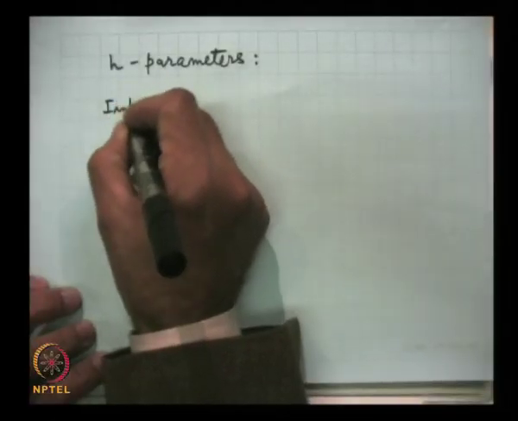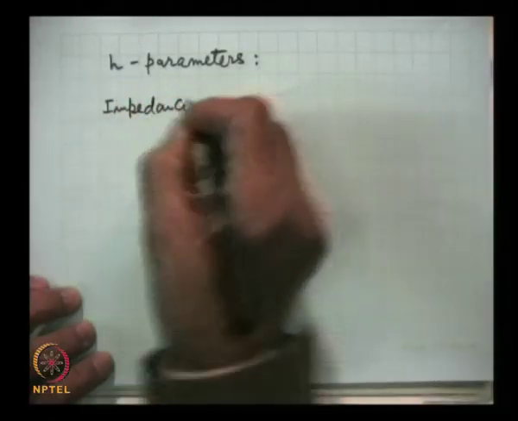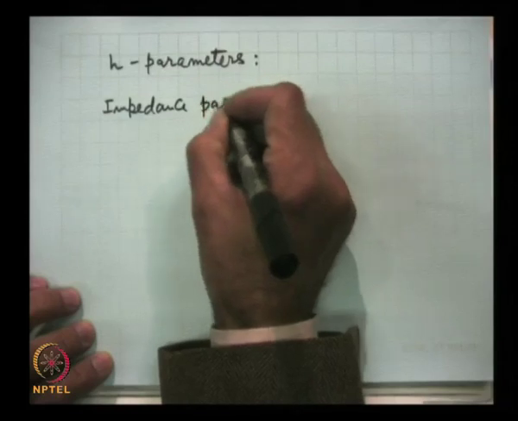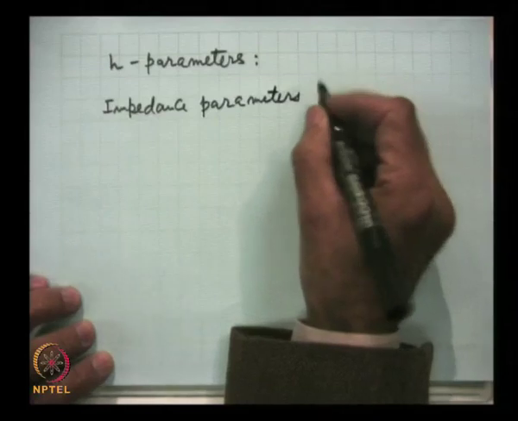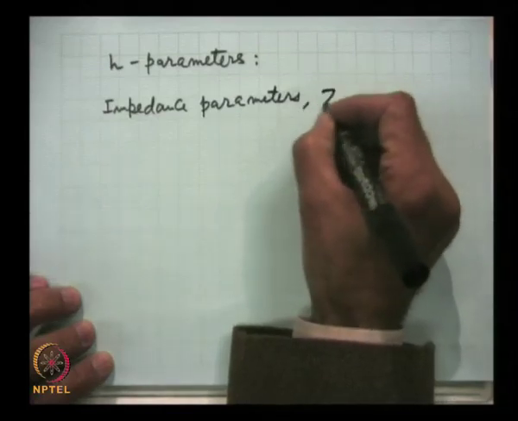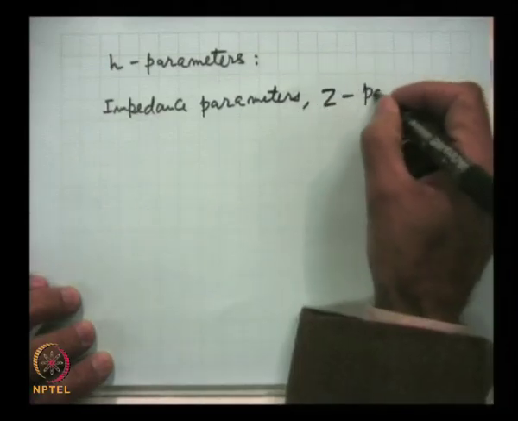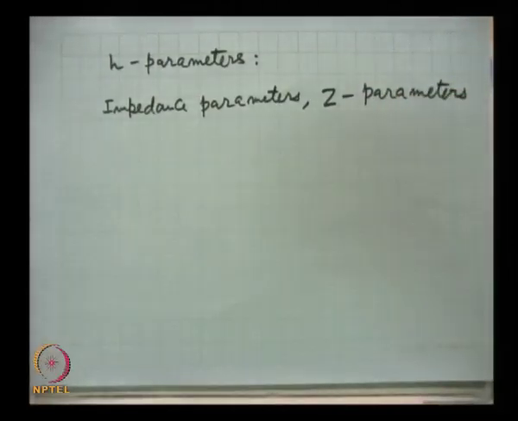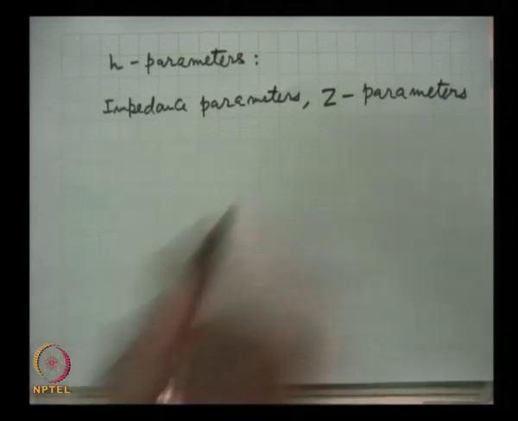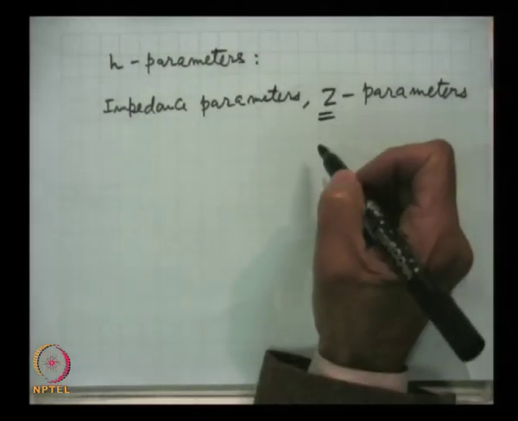In fact, the impedance parameters, these are also called the Z parameters. All these four quantities for the amplifying circuit could be obtained in terms of Z parameters.